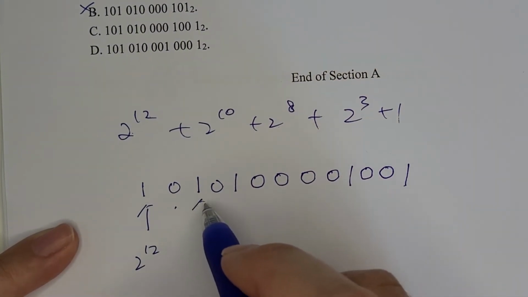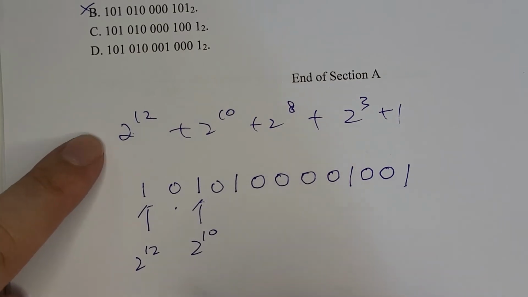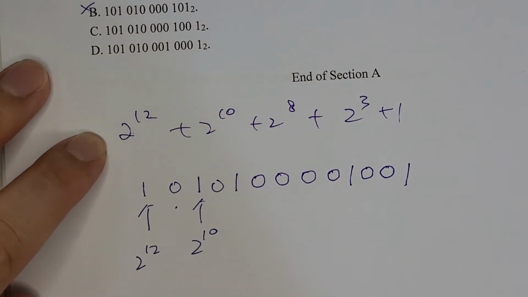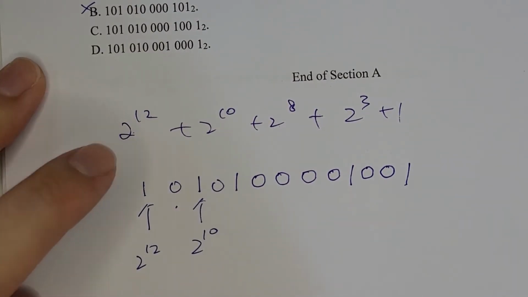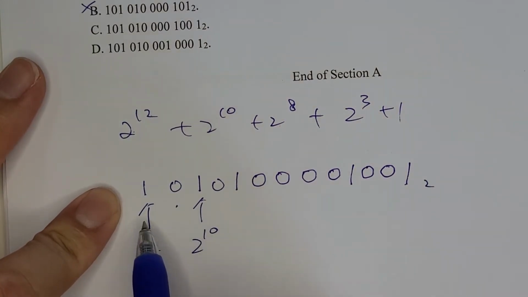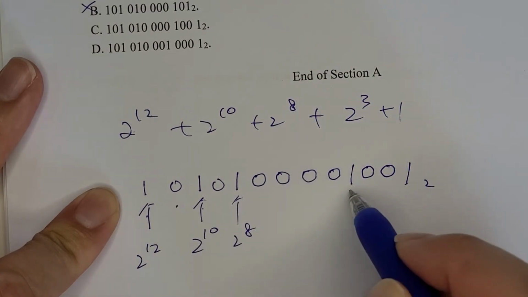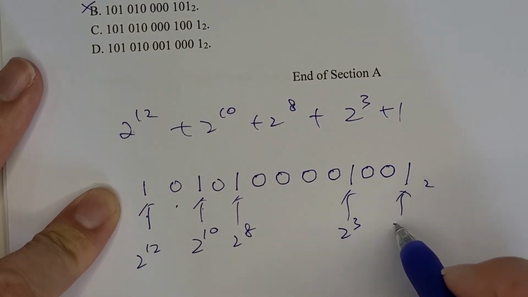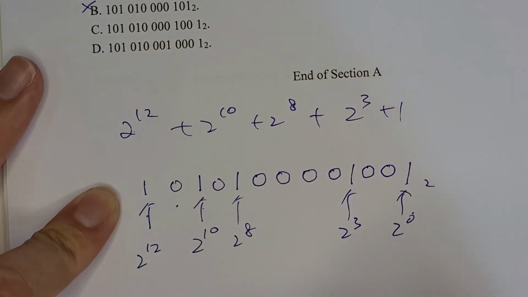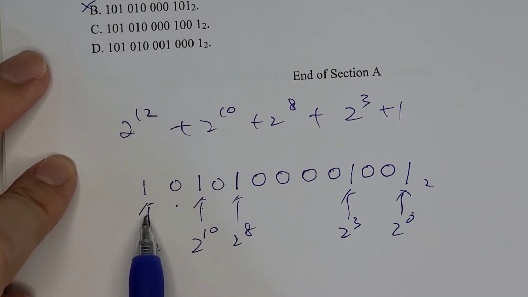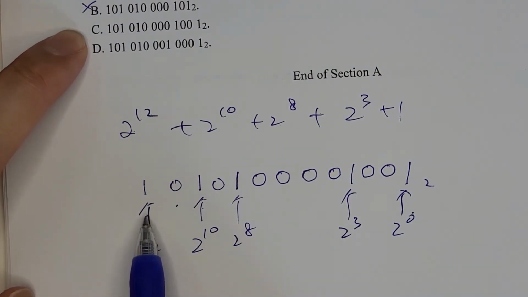So we can change the decimal number to a binary number. 2 to the power 12, 2 to the power 10, 2 to the power 8, 2 to the power 3, and finally 2 to the power 0, that's 1. So the final answer will be C.